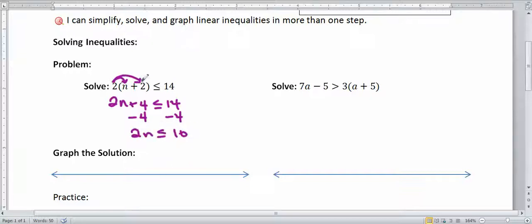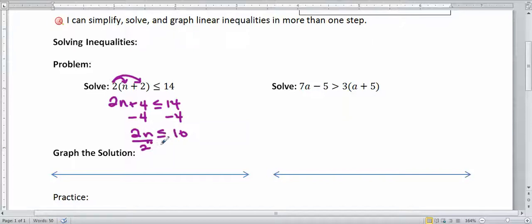Now, I have a negative sign here. What am I doing? That's right, I'm subtracting. So I'm not multiplying or dividing by a negative, which means that I don't have to worry about doing anything to my sign. So the sign stays the same, so less than or equal to. Alright, to get n by itself, I'm going to divide both sides.